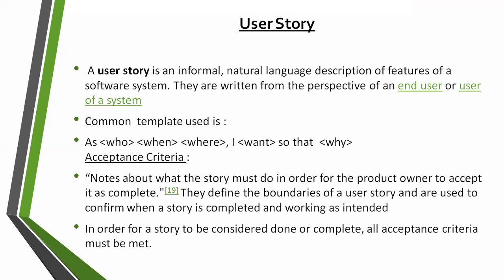So what do you mean by acceptance criteria? It has to be a very complete thing. You have told me one user story, likewise, booking a movie ticket. Fine. What in case, for example, there are no tickets? Then you cannot book the ticket, right?